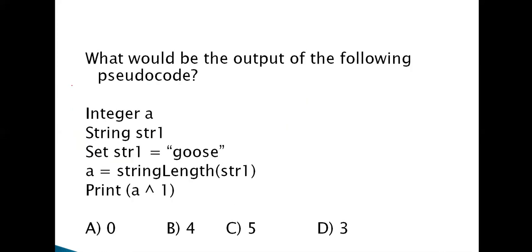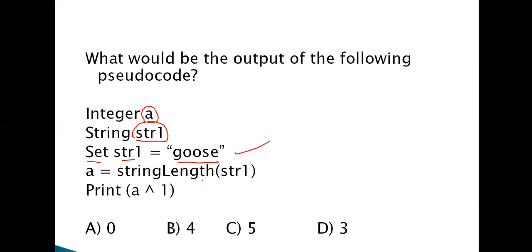Now, integer A. So A is an integer variable. String str1. Str1 is a string variable. Set means initialization. Set str1 is equal to goose. For example, this is the string assigned to str1. This is called initialization. Remaining thing is very simple.